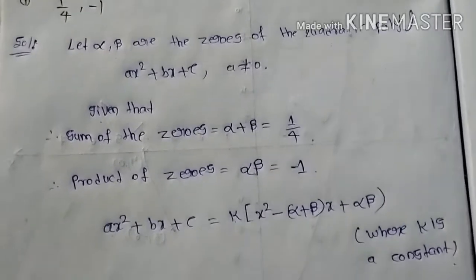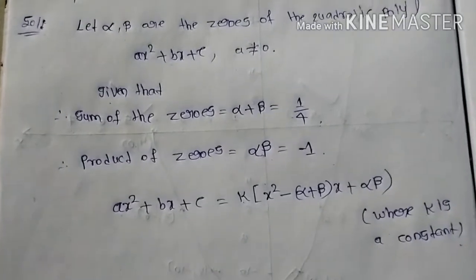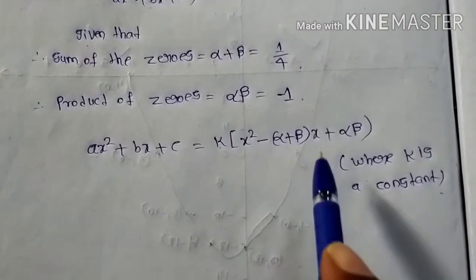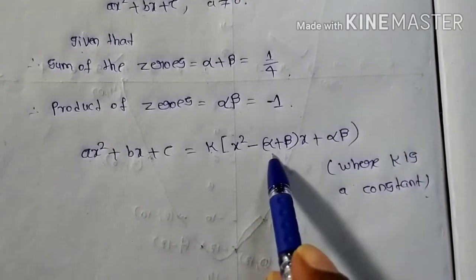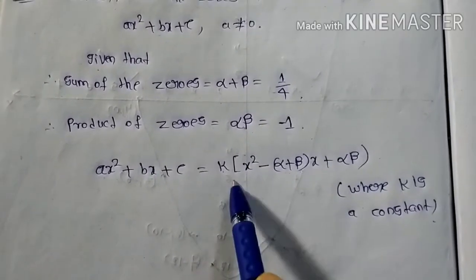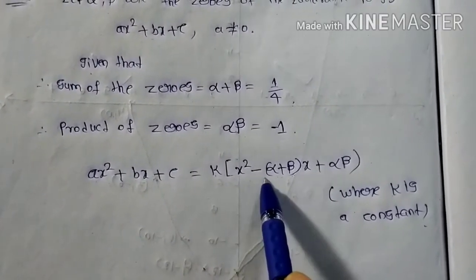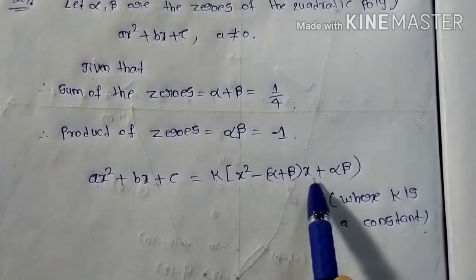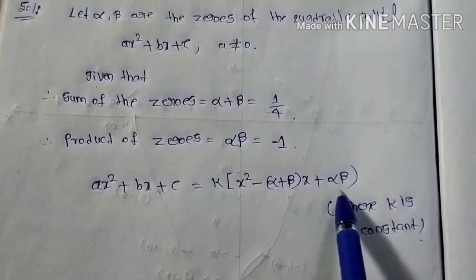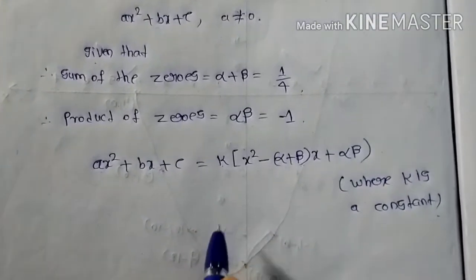This is the general form of quadratic polynomial. If alpha and beta are the zeros, we can represent it as k into x square minus of alpha plus beta into x plus alpha beta. Now you know alpha plus beta is equal to 1 by 4, alpha beta is equal to -1. You can just write here.